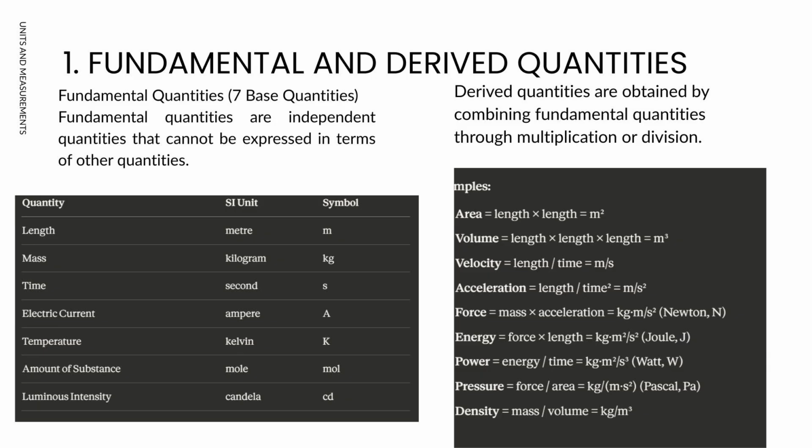So we have it to be meter per second squared. We have energy to be force times length. We have force to be mass times acceleration, F equals ma. F equals ma, that can just stick to you. We have power to be energy over time taken. We have pressure to be force over area, and we have density to be mass over volume.